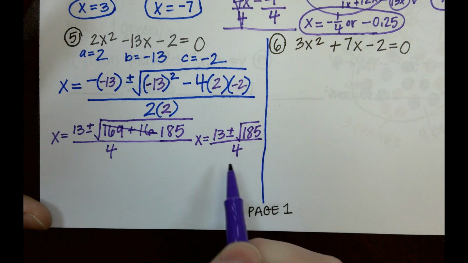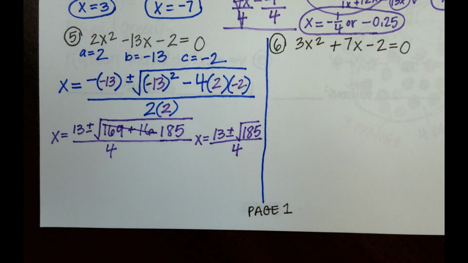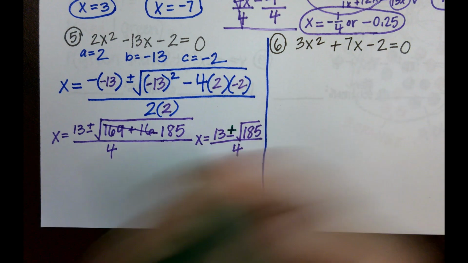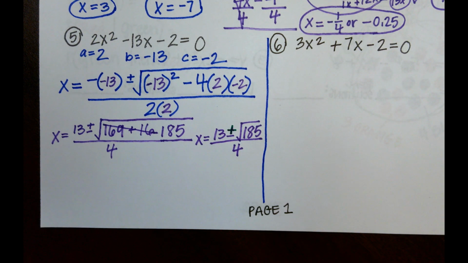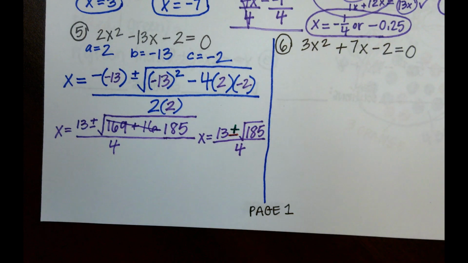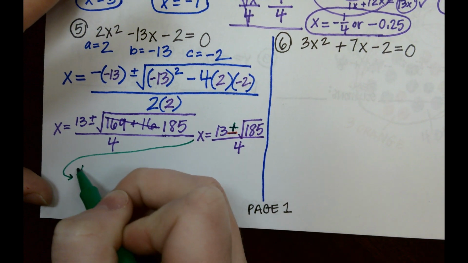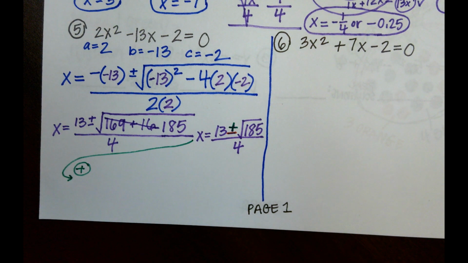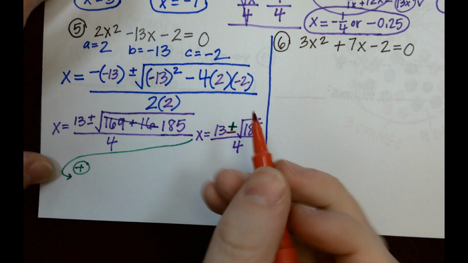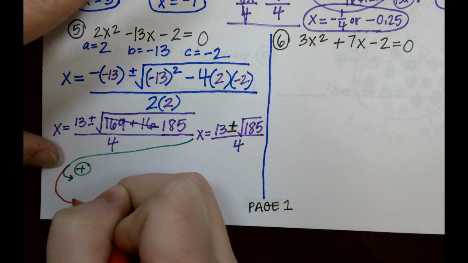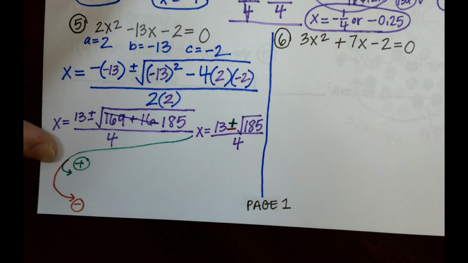What's that? What are we doing from here? Yes, let's separate the plus and the minus. Once we get to this point, we're separating them. So we're going to have two different things happening here. We're going to have a plus version, and we're going to have a minus version.